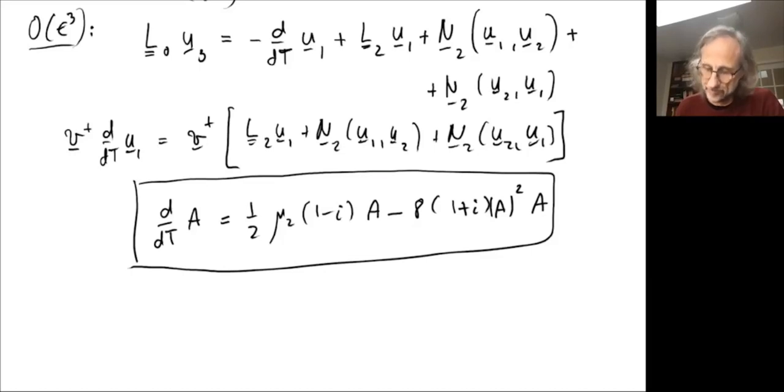Good. But you probably noticed already that in that center manifold calculation, we had a whole slew of terms. We had an a squared, we had an a star times a. I forget what else we had. But the point is, we had quadratic nonlinearities and no cubic nonlinearities.